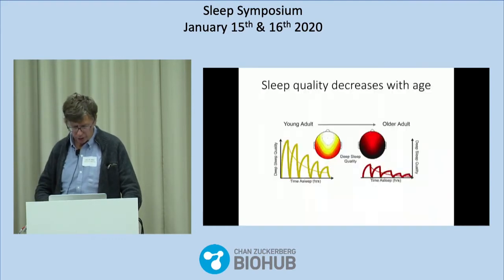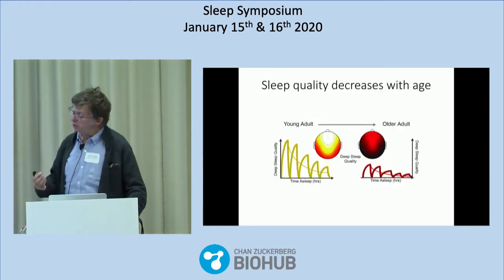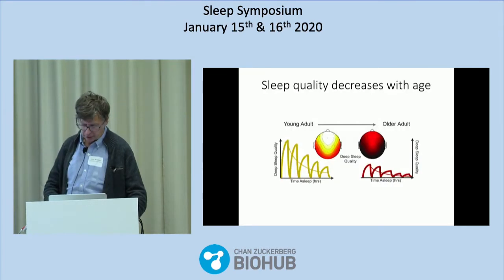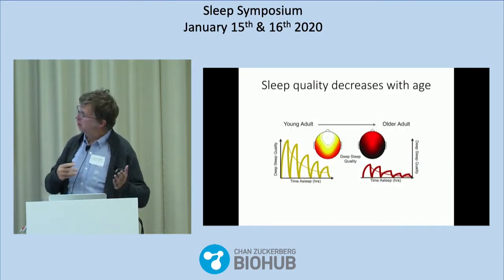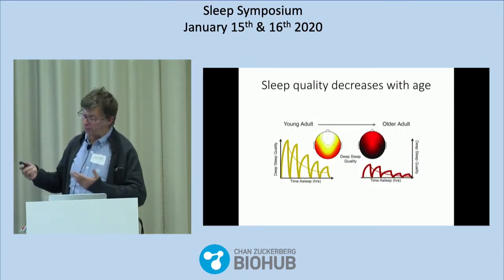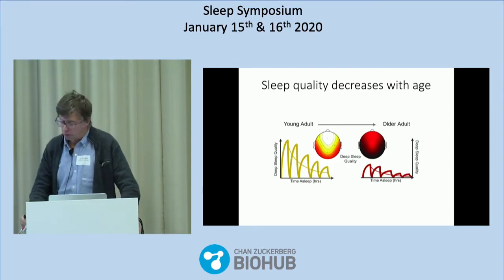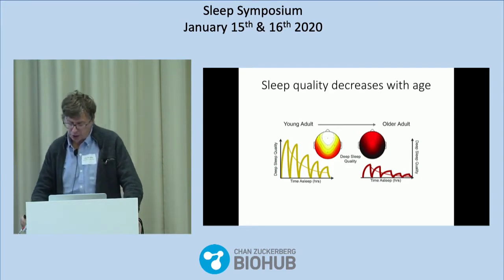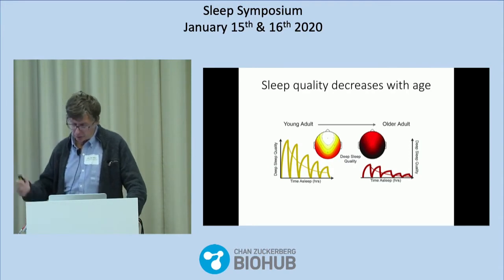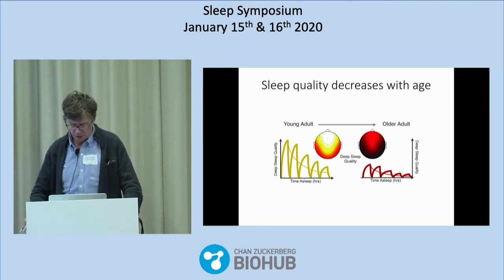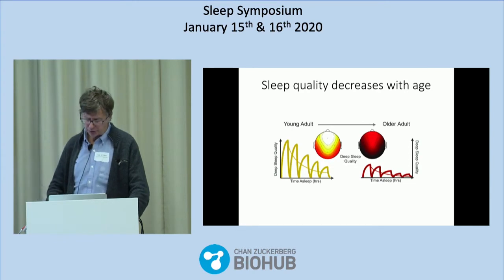So we asked the question: is this a problem in the aged brain? We all know that sleep quality decreases with age, and the question is, if sleep fragmentation, which is one of the features of sleep in aged animals and humans, is present, will that cause deficits in cognitive function in and of itself?